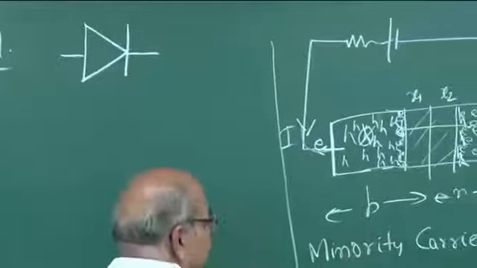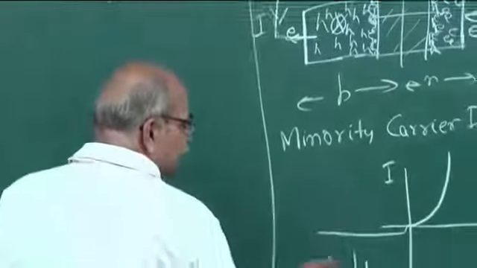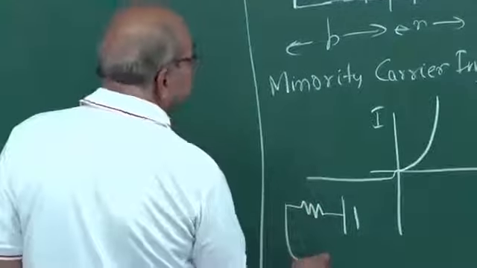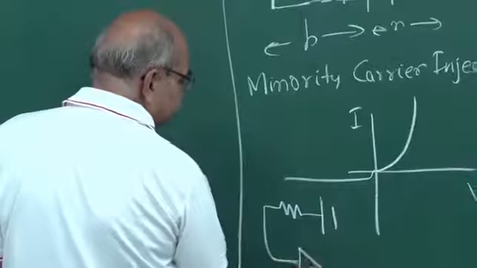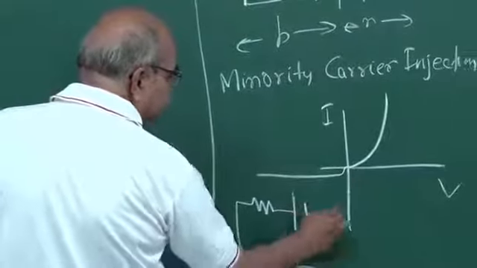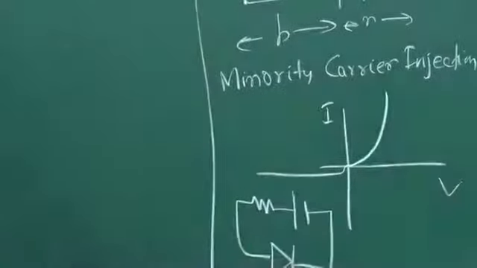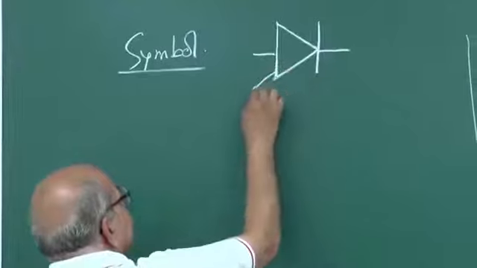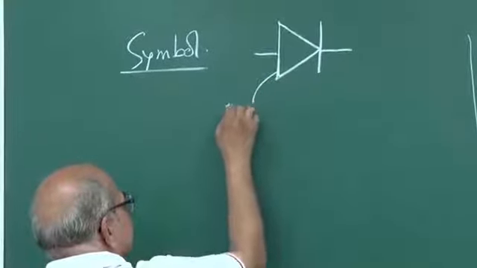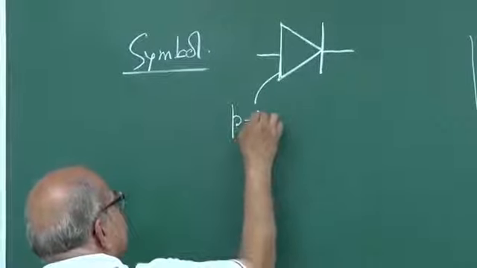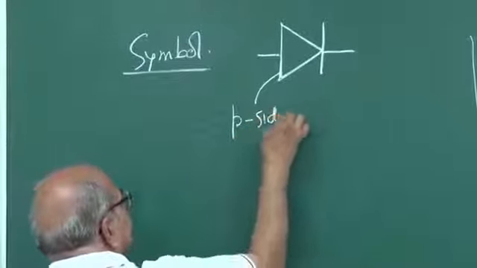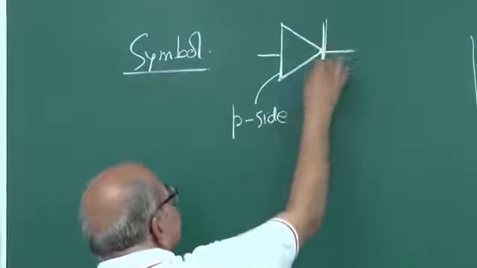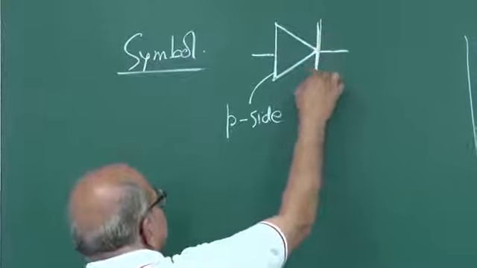I have a cell, I have a resistance, and then I have a diode, and like this. And in this symbol, this side here, this base side, this represents P side, and this vertex here and a line here, this represents N side.